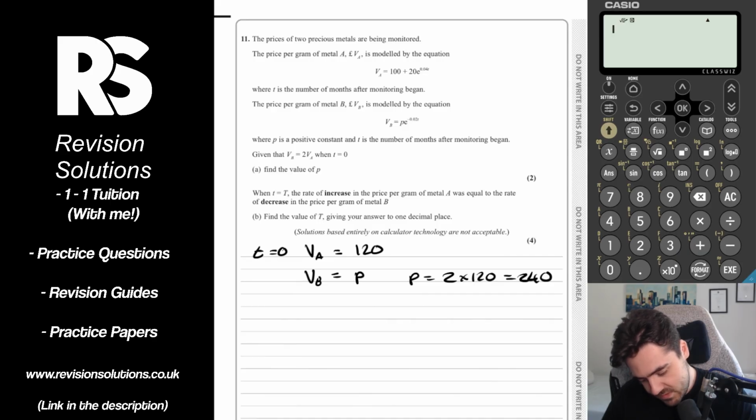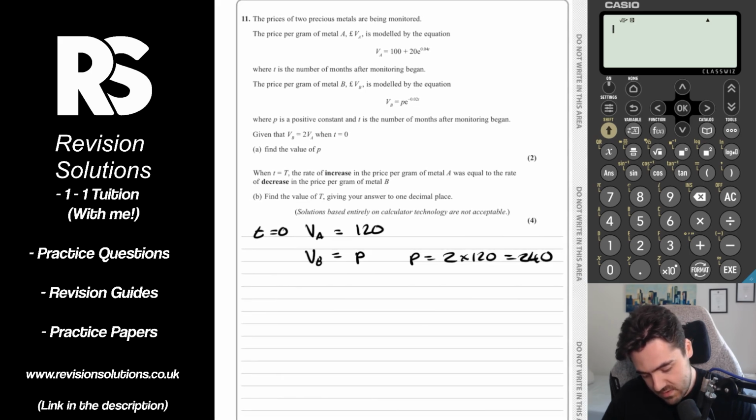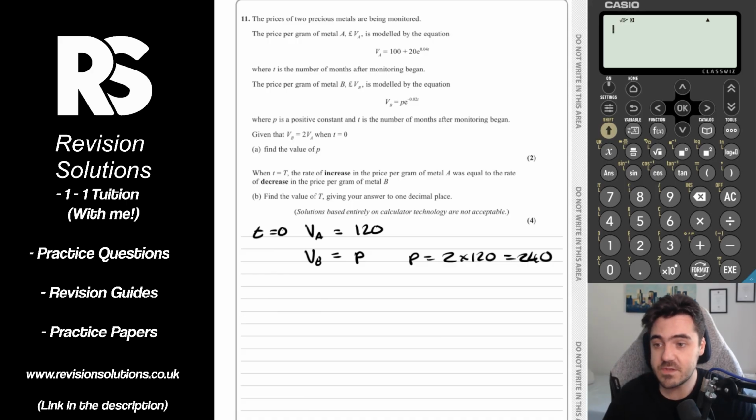Then it says when t equals t, the rate of increase in the price per gram of metal A was equal to the rate of decrease in the price of metal B. Can we find that value of t? If we want to find the rate, that's the derivative, the rate of change with respect to time.